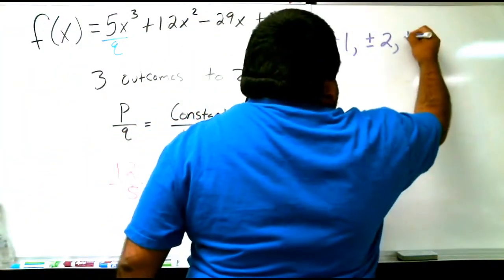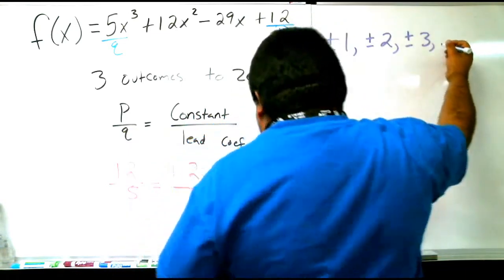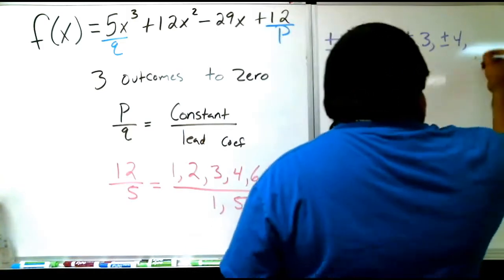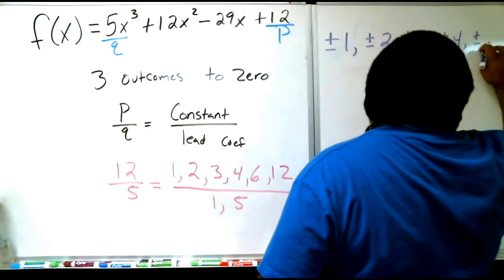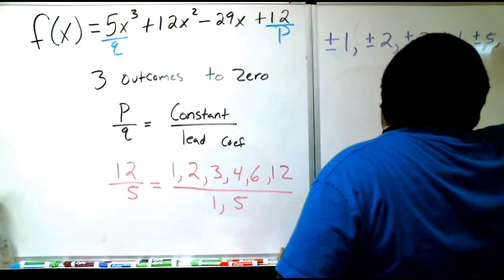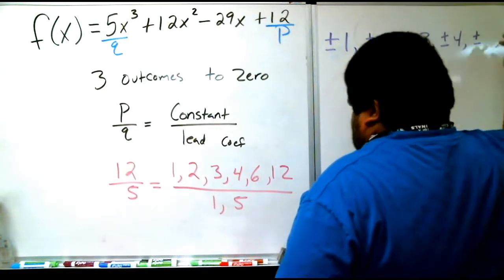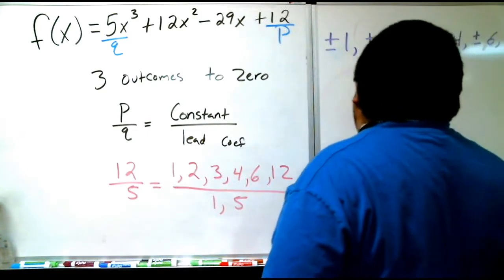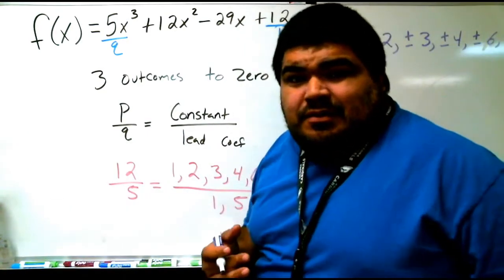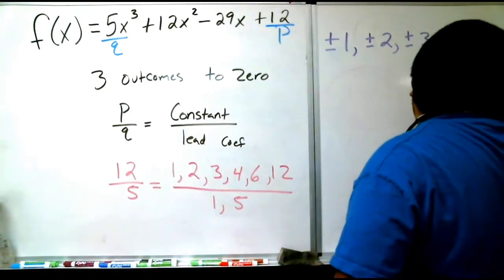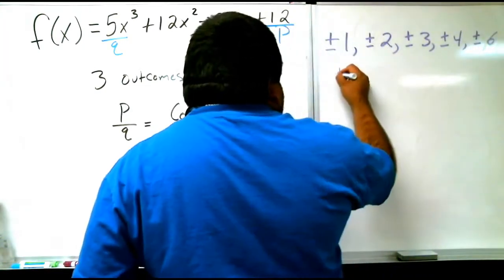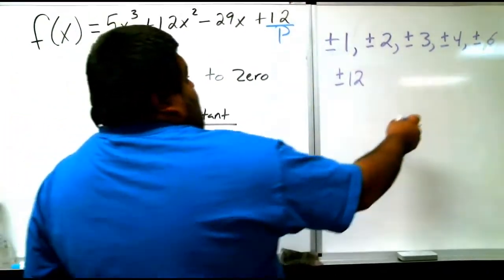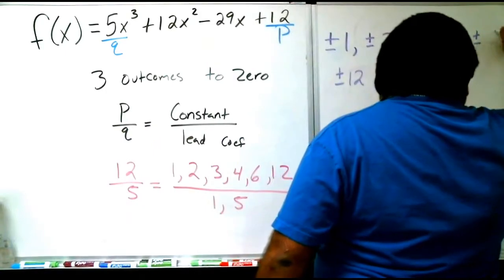So we have plus and minus 3, plus and minus 4, plus and minus 6, and then plus and minus 12. Make this a little better.